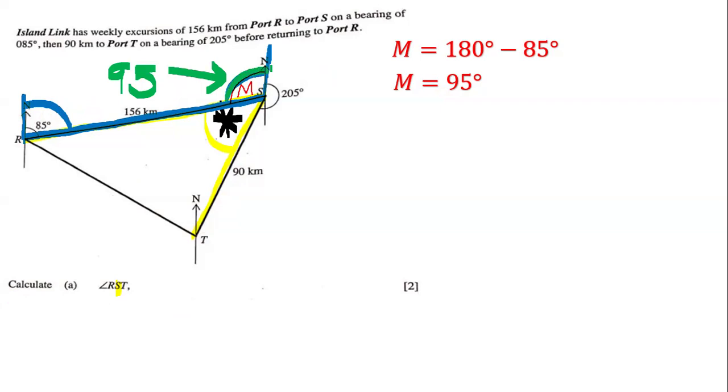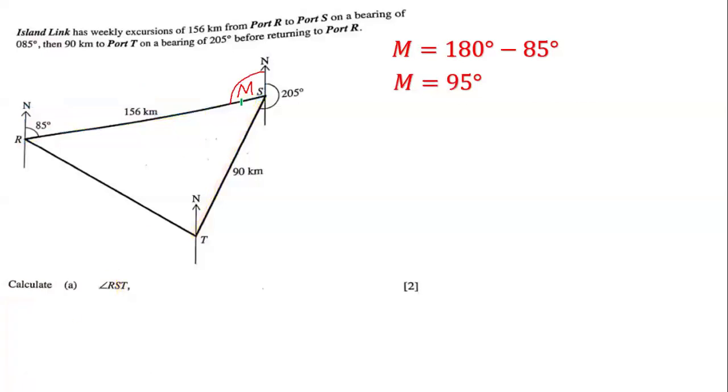Let me erase all that. So this right here is 95 degrees. And we also know that from here all the way to here is 205 degrees. Our goal is to figure out the size of this angle right here.